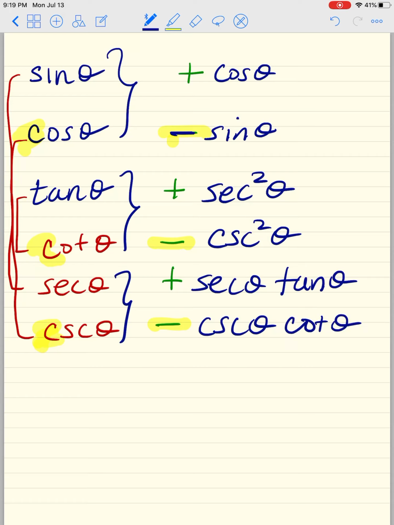Cotangent. Secant and tangent always go together, just like cosecant and cotangent. So that's how you do it. That's the easiest way. Make sure you write them in order. Reciprocals come right after in reverse, okay? Plus, minus, plus, minus, plus, minus, weak with weak, powerful with powerful, and in the middle for both of them.